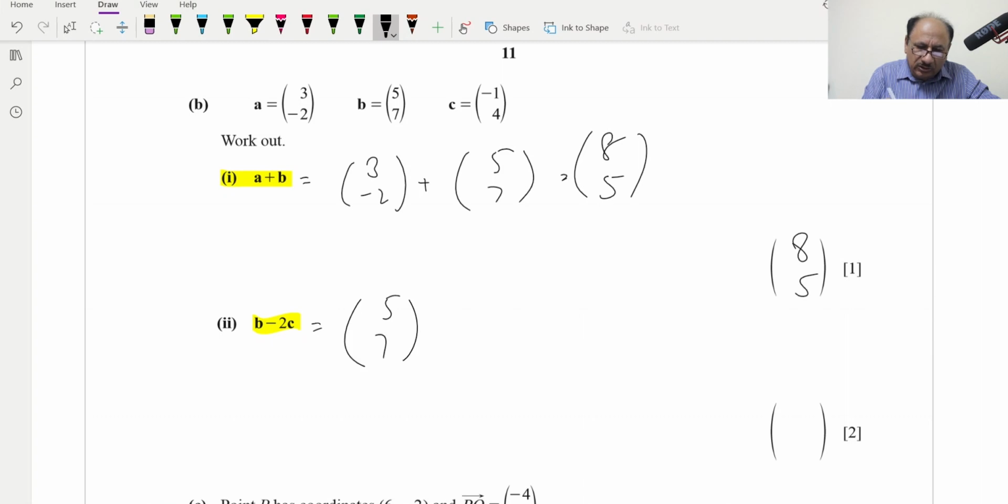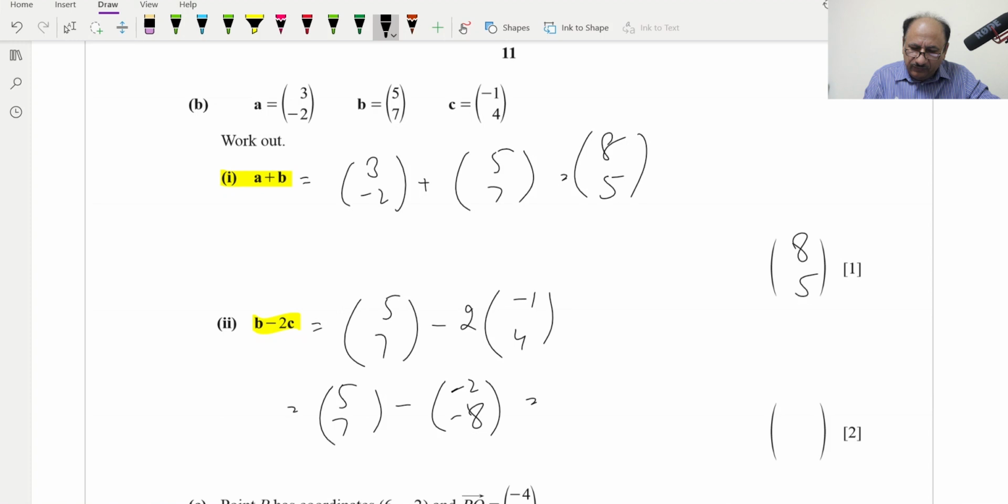B is this one, and minus 2 times C, which is (-1, 4), so (5, 7) minus (-2, 8). 5 minus -2 means 5 plus 2, and 7 minus 8, so this will be (7, -1).